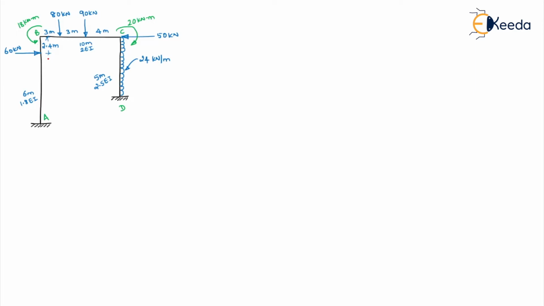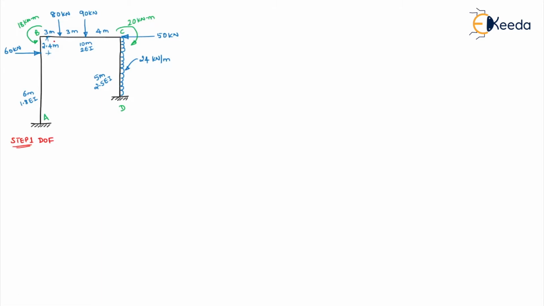So let's now first fix the degrees of freedom. Step 1 is to fix your degrees of freedom. Now see, at A and D there will be no degree of freedom because they are fixed. Coming to B and C, there will be one rotation at B and one rotation at C, because these are frame joints. Along with this, there will be a horizontal displacement at B and a horizontal displacement at C. But the thing is, both the displacements will be the same.